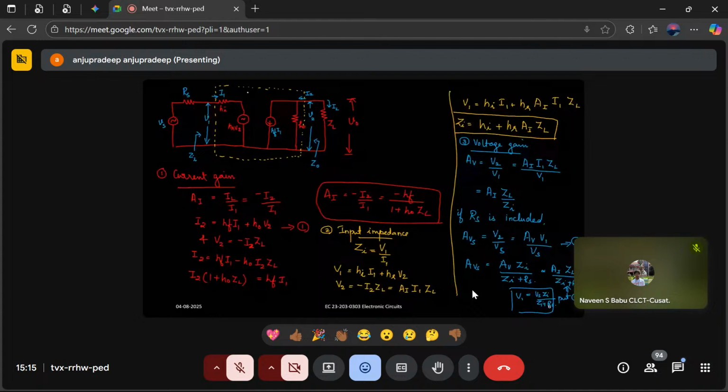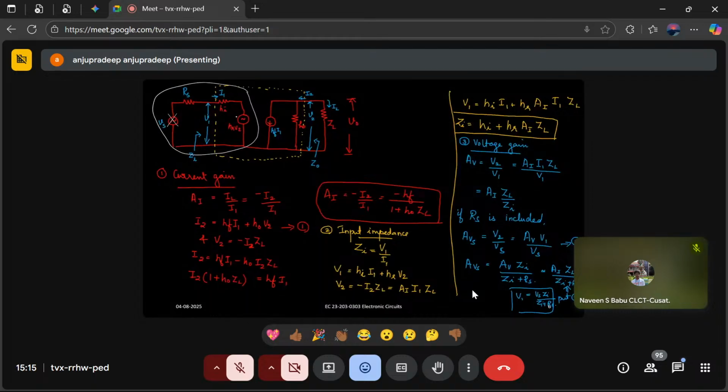Consider this input loop. When you consider this input loop and Vs is equal to 0, this is not there. Then what do you have? Around the loop, voltage should be equal to 0.